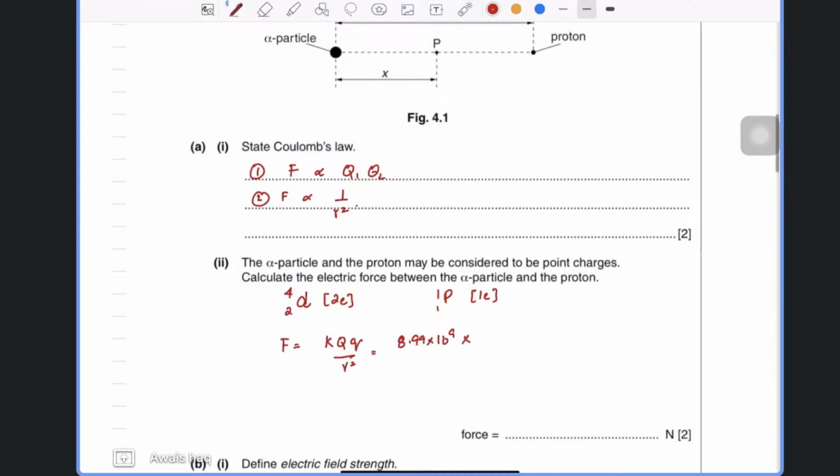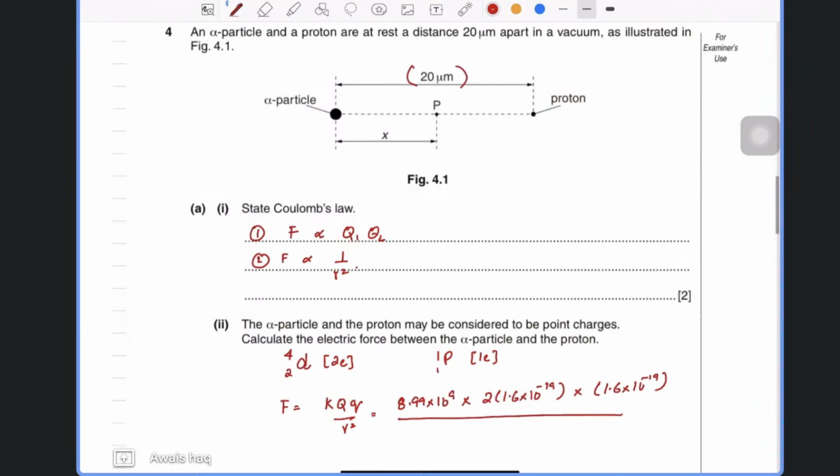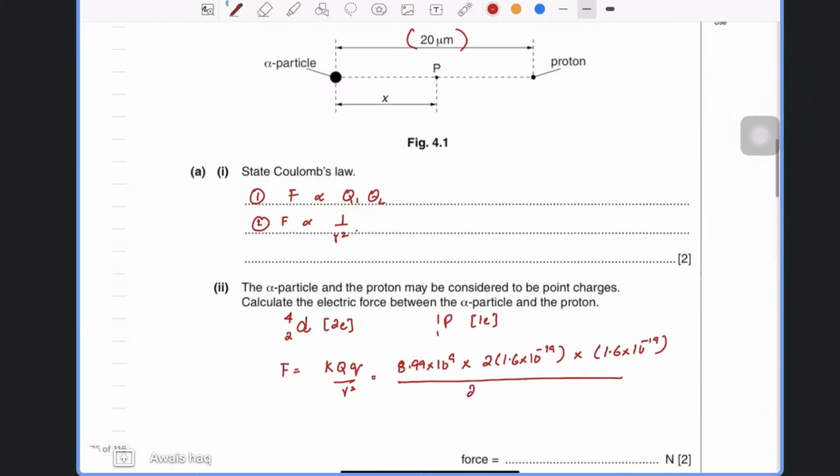The charge on an alpha particle would be 2 times 1.6 times 10 raised to minus 19, and then times 1.6 times 10 raised to minus 19. And then we're going to divide this by the distance between them. Distance between them is 20 micrometers, which is 20 times 10 raised to minus 6, and you have to square it. So what do you get?